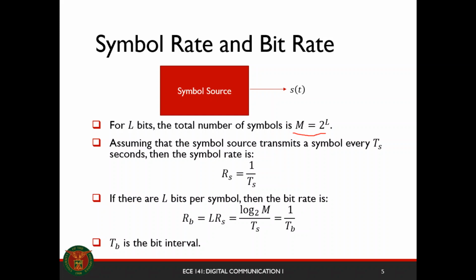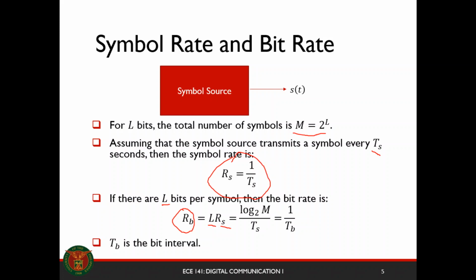That's the total number of possible symbols, assuming that we have a symbol source that transmits one symbol every T_s seconds. This is your symbol interval. The symbol rate is just the number of symbols you transmit per second. And if there are L bits per symbol, then your bit rate, or bits per second, is equal to the number of bits per symbol multiplied by the symbol rate.